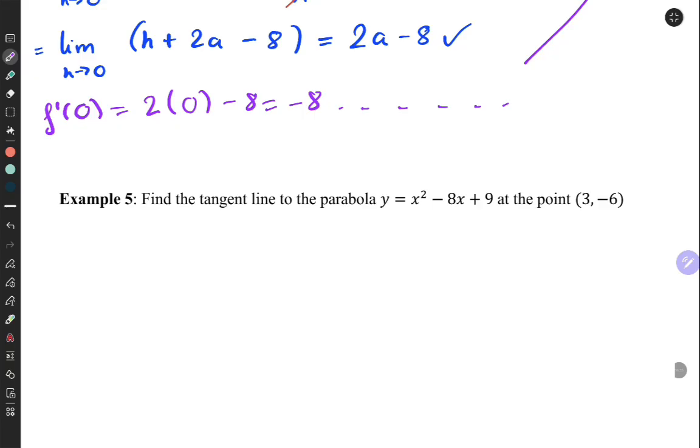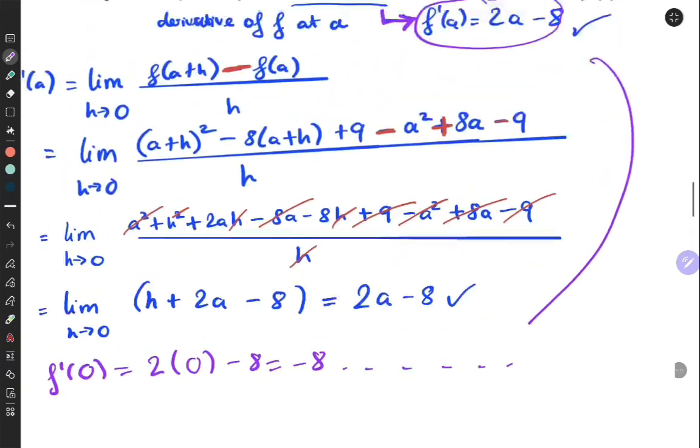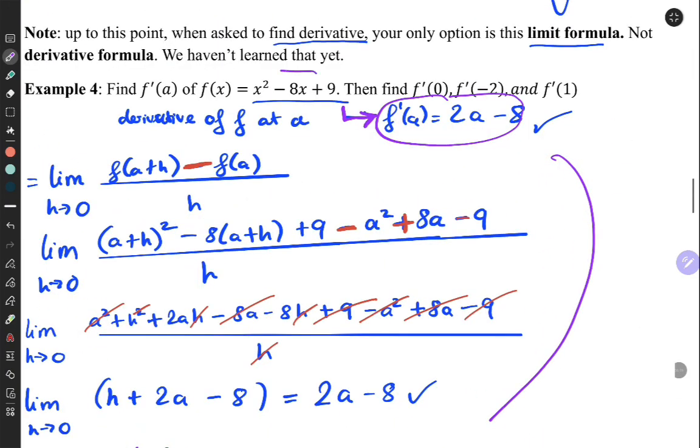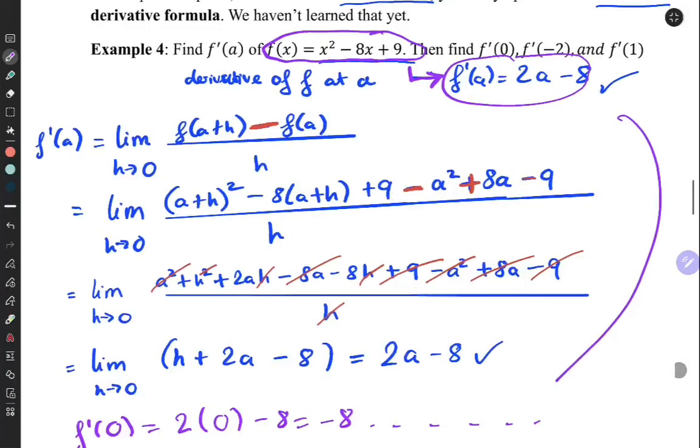Find the tangent line to the parabola y equals x squared minus ax plus 8. Same problem, right? Basically the same problem. Different question, that's it. Not really a different question. Same question, different wording, right?